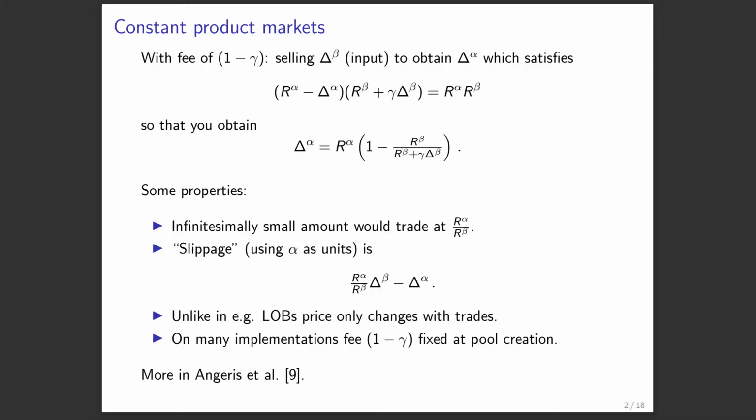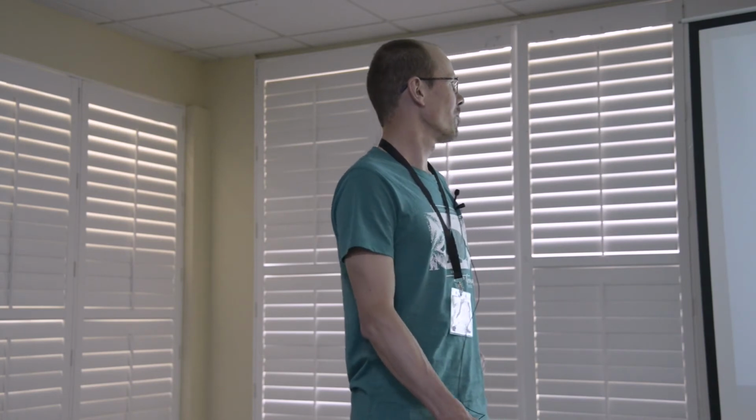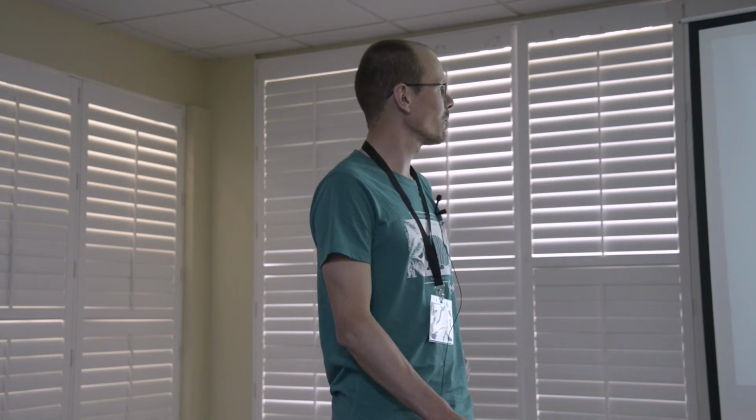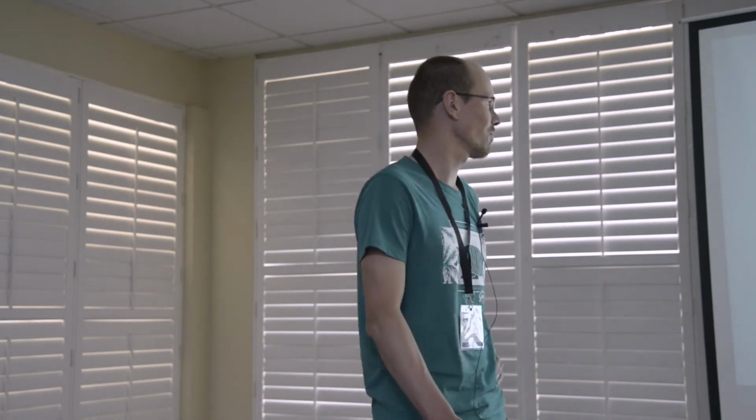So constant product markets, I suppose we're getting to the point where this is so well known that we shouldn't need slides on saying what they are. They're an example of a more broad class of constant function market where basically price is set by keeping a certain quantity invariant.